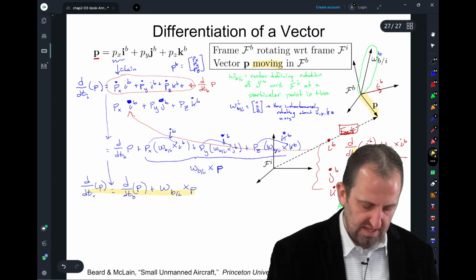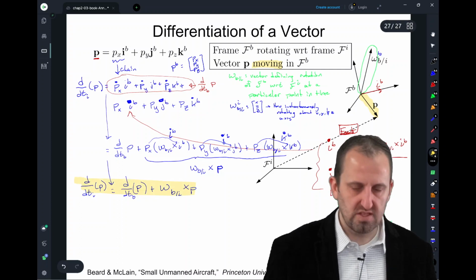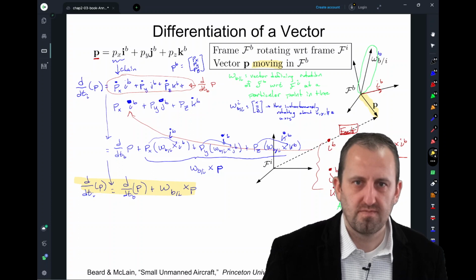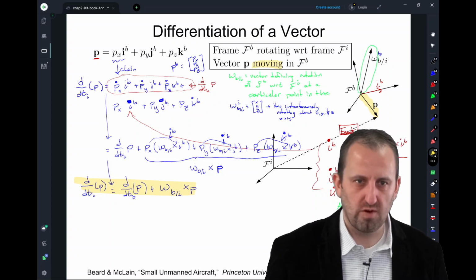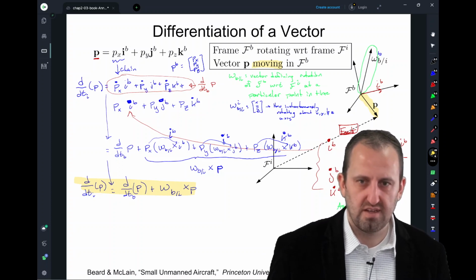We have this nice relationship, and we're going to use it as we start to define the effective forces and moments on the states of our aircraft.